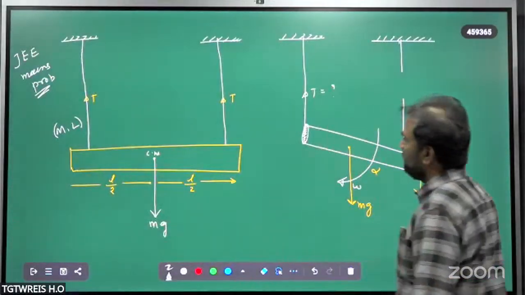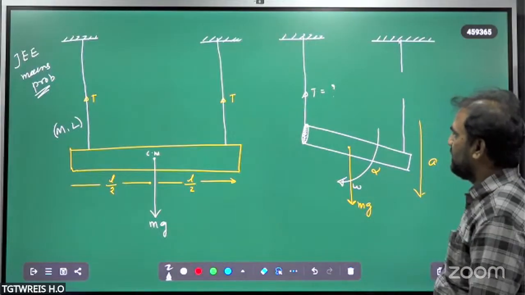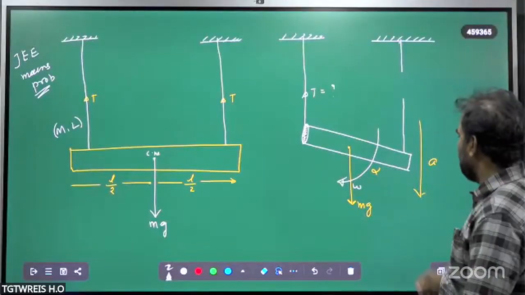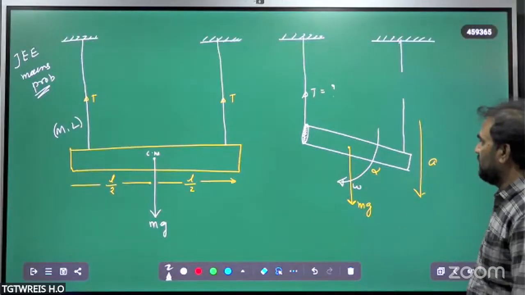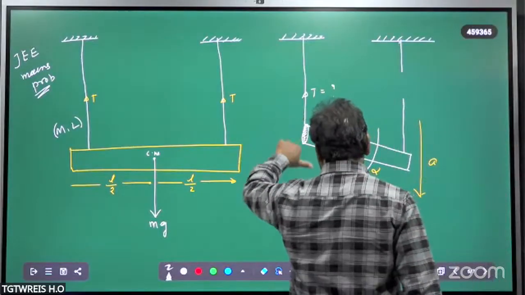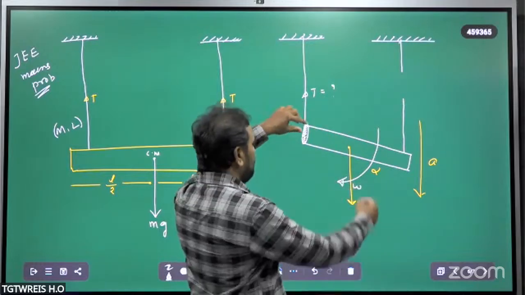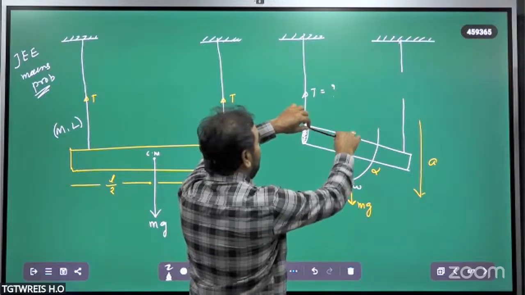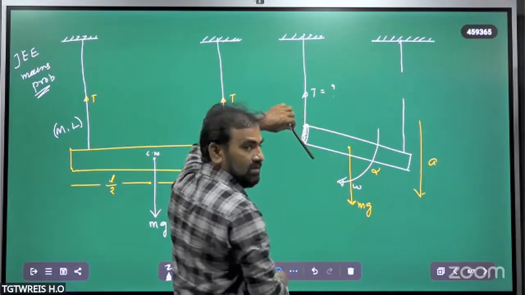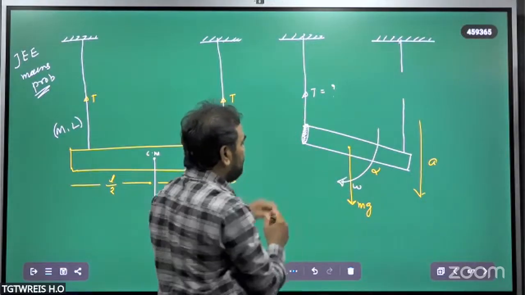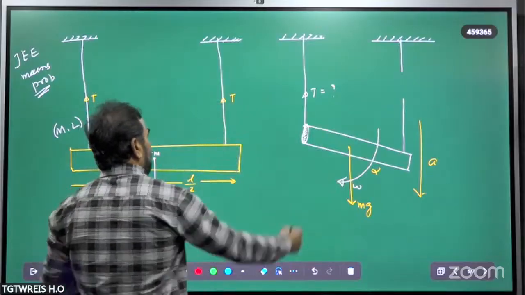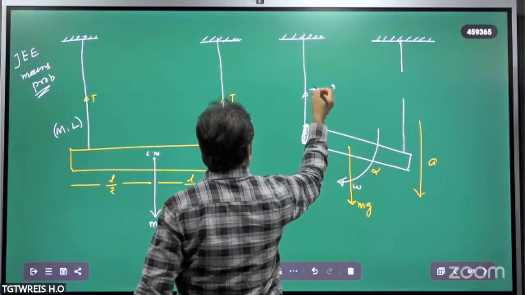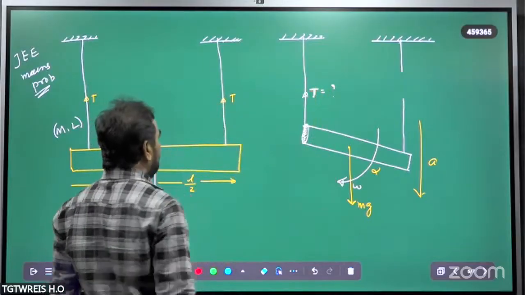See here, this rod was connected like this. After cutting one end of the string, it will be coming in the downward direction, but one end is fixed only, so it is coming in this direction. In this case, we have to calculate how much tension force is developed in the second string.